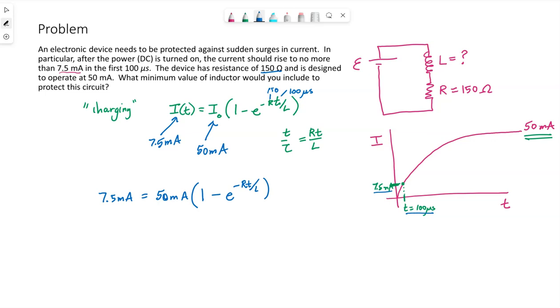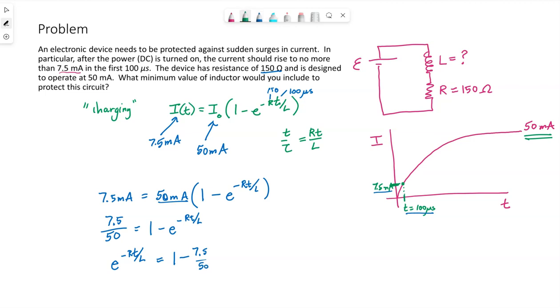To get the power out of the exponential function, I need to get the e function by itself. So I'm going to divide by the 50 milliamps. That will leave me with 1 minus e to the negative Rt over L. I'm going to bring e to the left side, so it's not negative and it's by itself, which means I'm also bringing the 7.5 over 50 to the other side.